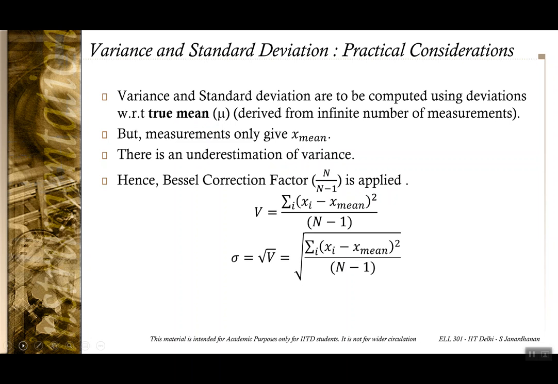If you apply it, the variance formula changes with the denominator being n minus 1 instead of n, and so does the formula for sigma. Note that in this case you should have at least two measurements needed now to make any sense of this, whereas in the previous case, when you have only one measurement, theoretically you can compute the variance and standard deviation for that.